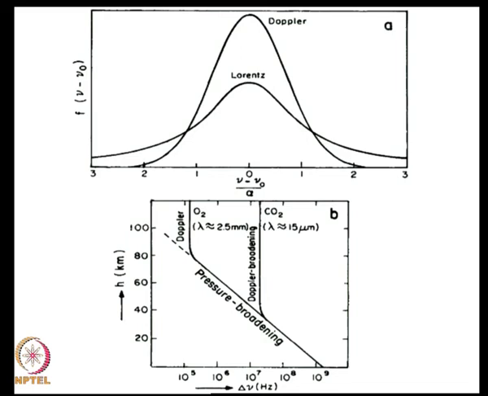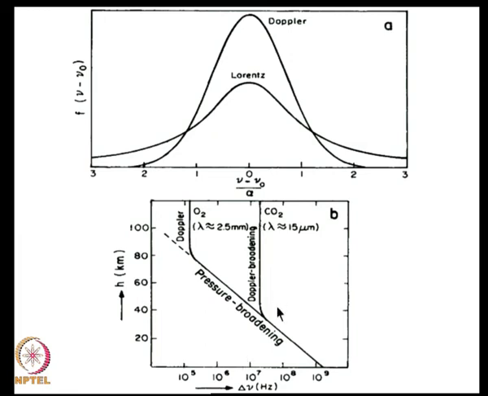So, this is a very important effect of pressure broadening, but Doppler broadening is not that much influenced by pressure, but is important at higher altitudes. You can see that beyond a certain height, pressure broadening is not important, only Doppler broadening dominates, that is the upper atmosphere.